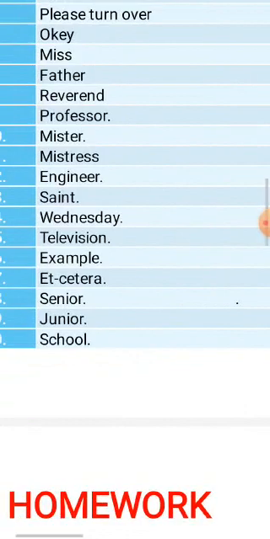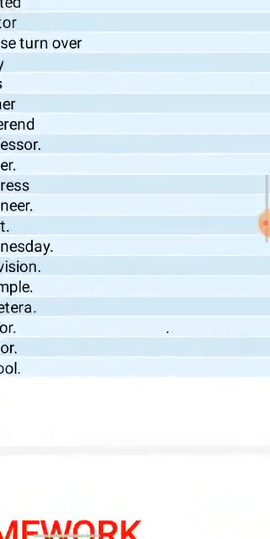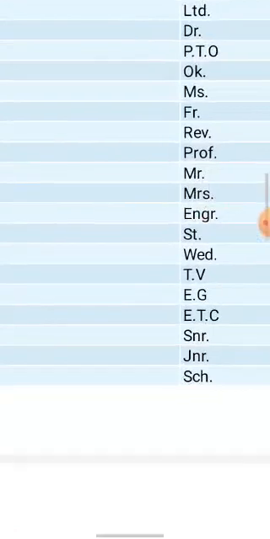Another word we are going to see on the list is number 11, mistress. Mistress is used for women who are married. As I, your teacher, am married, if you want to address me, you say Mrs. Ifeoma Amankwe, MRS with a full stop.